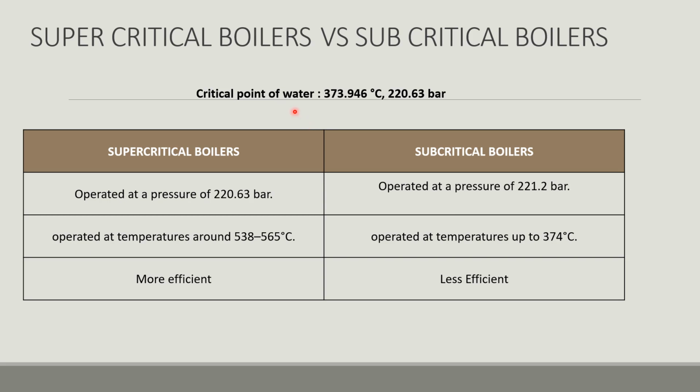The critical point of water is 373.946 degrees Celsius and 220.63 bar, and supercritical boilers are those which operate above this critical point of water, and subcritical boilers operate below the critical point of water. Supercritical boilers are more efficient than subcritical boilers.